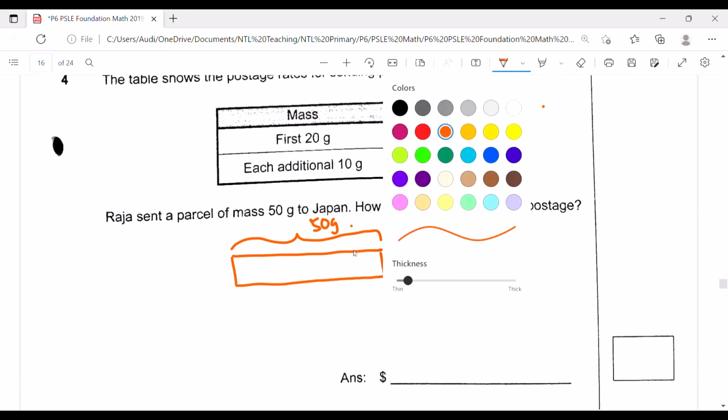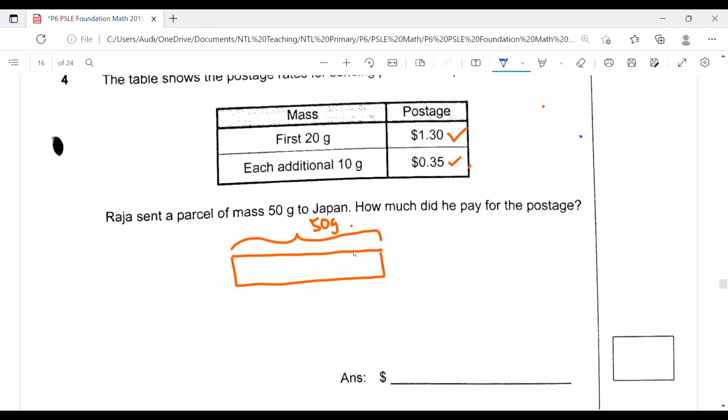So look, the first 20 grams. So this would be the first 20 grams. How much would this cost? This costs $1.30. Now, the balance, this green part here, will be the extra 10 grams, 10 grams, 10 grams. How many 10 grams are here?